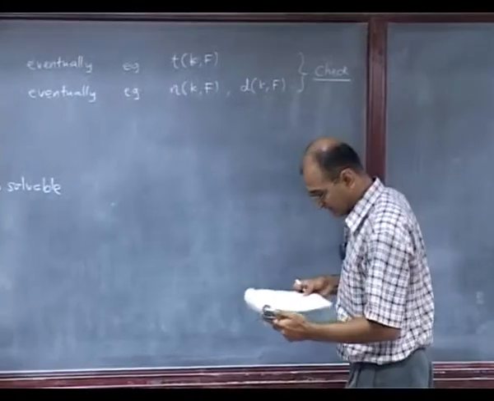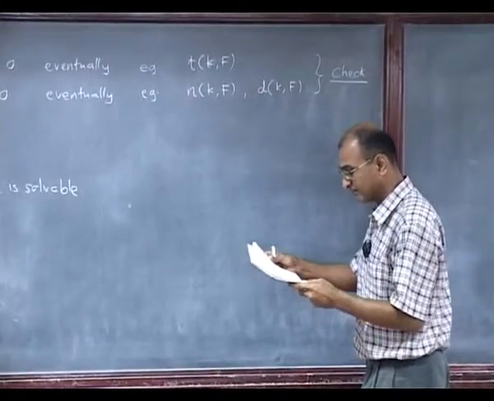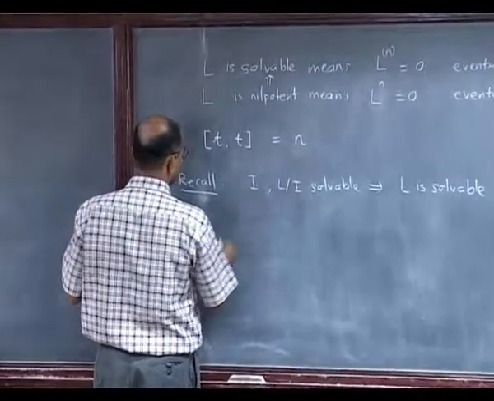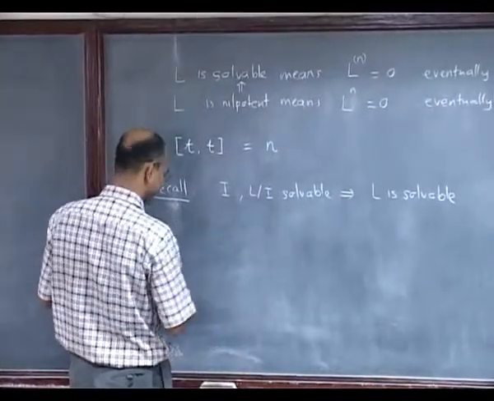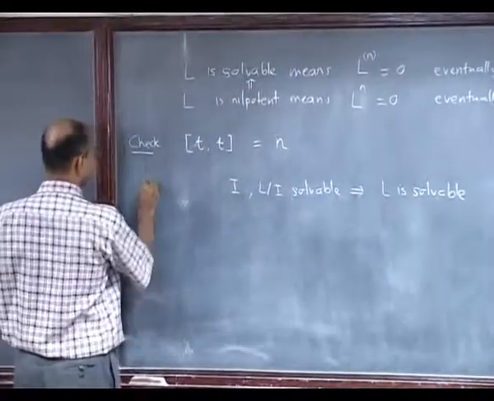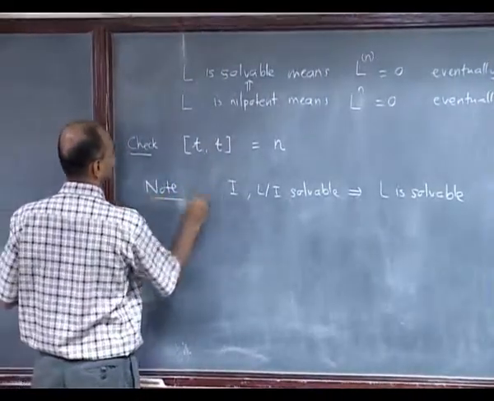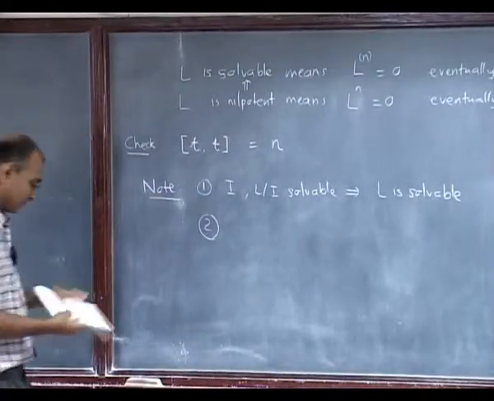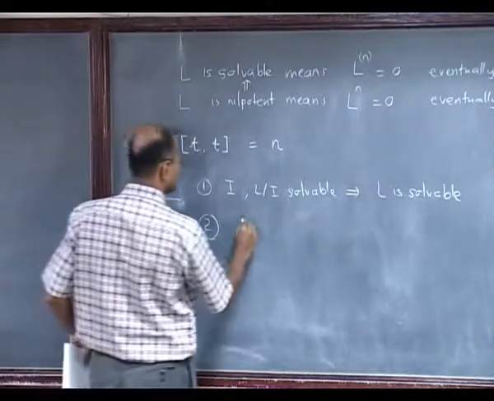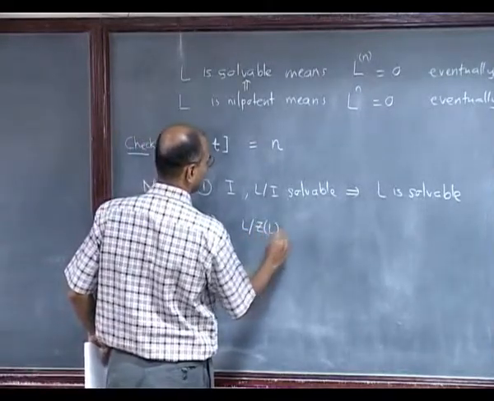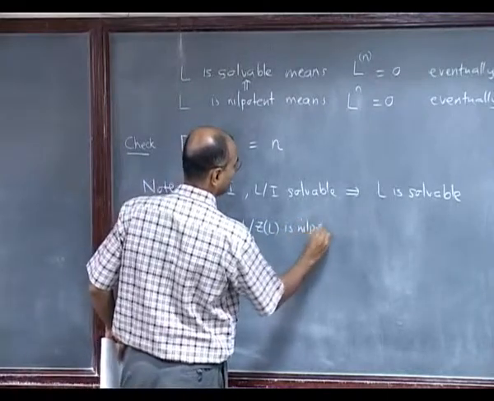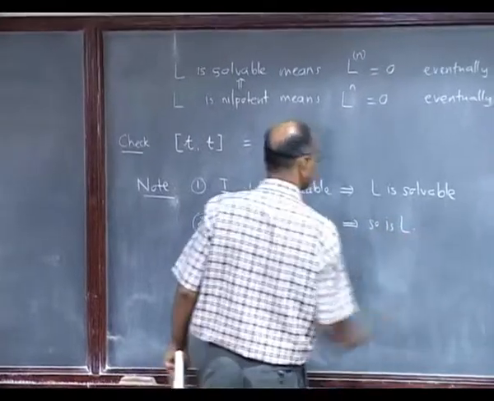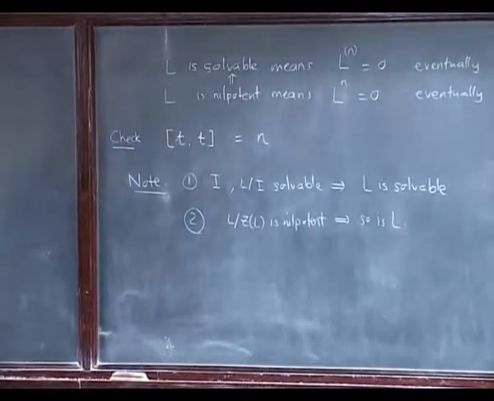So before that, do I need any more preparation? Okay. So recall. And well, this is not recall, it's really note. So if L mod its center is nilpotent, is that clear?